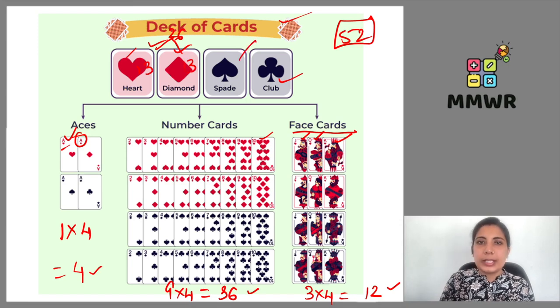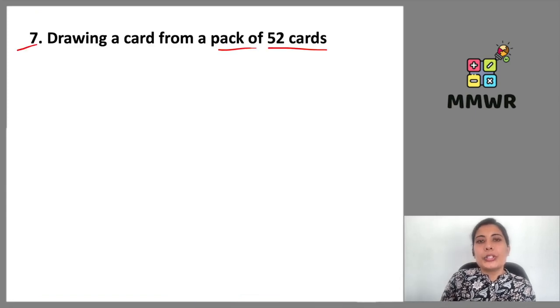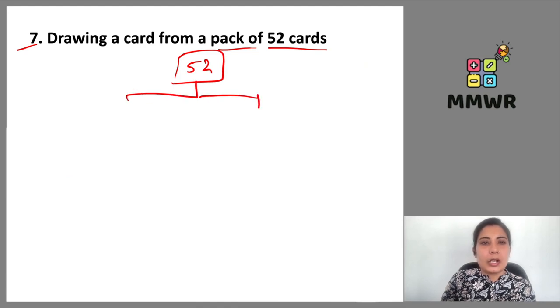Out of which 26 are of heart shape and diamond shape, 13 each. And then we have 26 black color cards, out of which 13 are spade and 13 are club cards. Right? So total 52 cards can be categorized according to the color black and red.